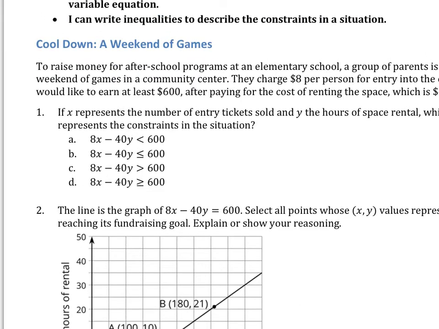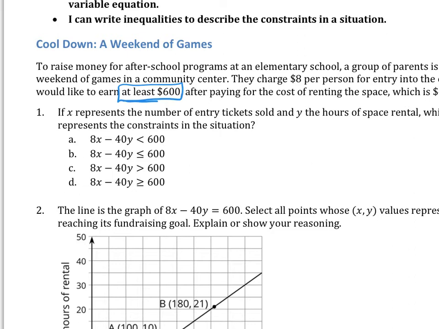So that is where the 8x minus 40y comes in. So $8 per person, $40 per hour. Now, it also says that they want to earn at least $600. So we need to ask ourselves, which inequality symbol would satisfy that part, that is, at least?